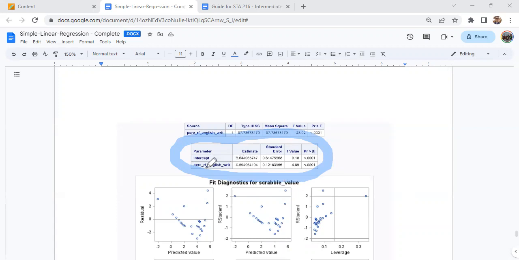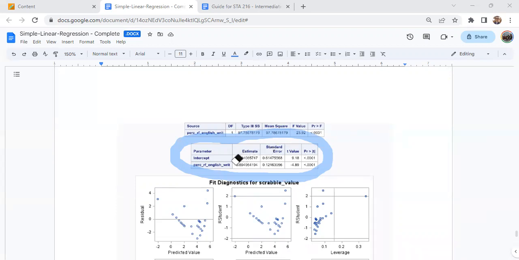But right now we just have one predictor. It gives you the estimate. This is the p-value for testing if the slope is 0 or not, which is based on a t-test. We'll talk about that next week, not today. Right now we're just getting the numeric estimate.